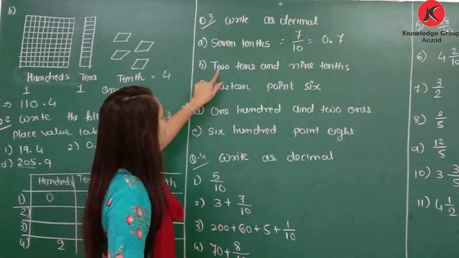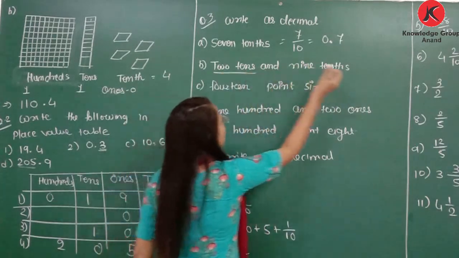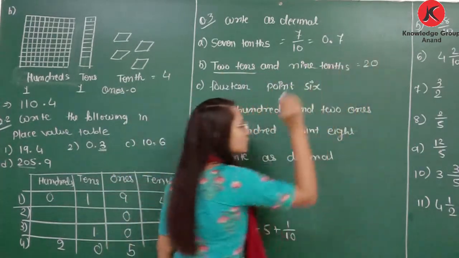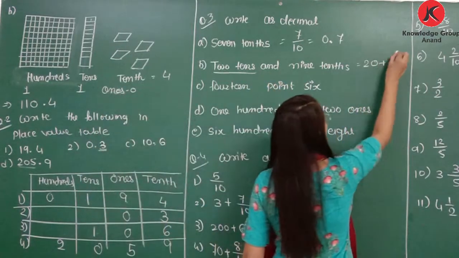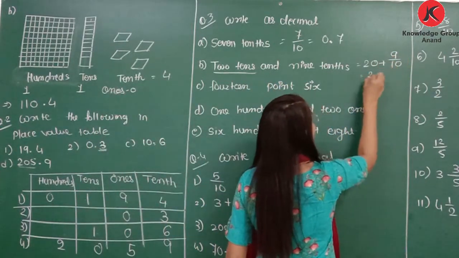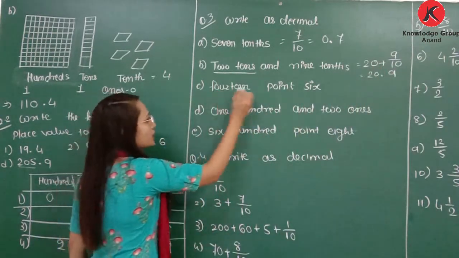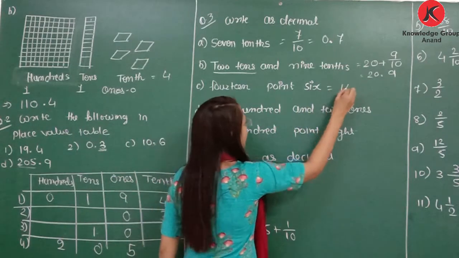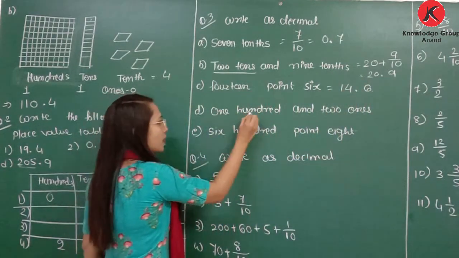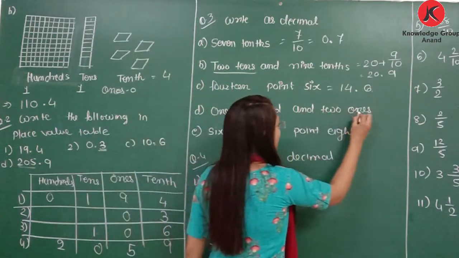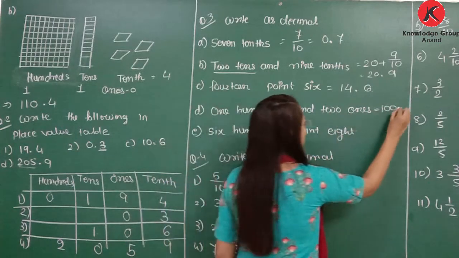Now next, 2 tens and 9 tenths. 2 tens, it is 20, and 9 tenths, so it is 9 by 10. So it is 20.9. Now next one, 14.6. So it is directly written 14.6. Then 100 and 2 ones.